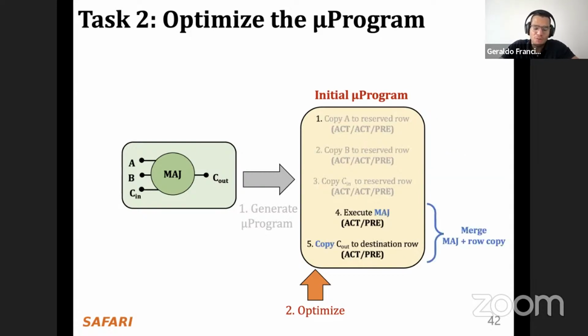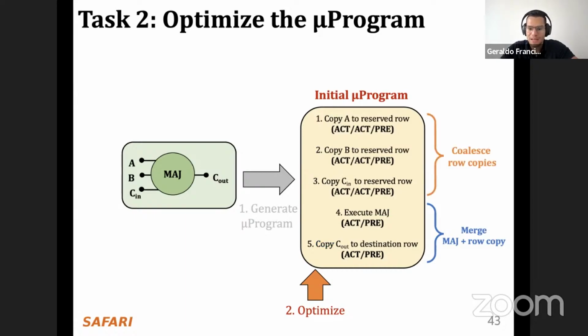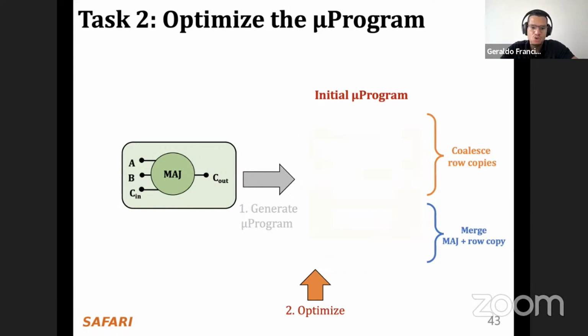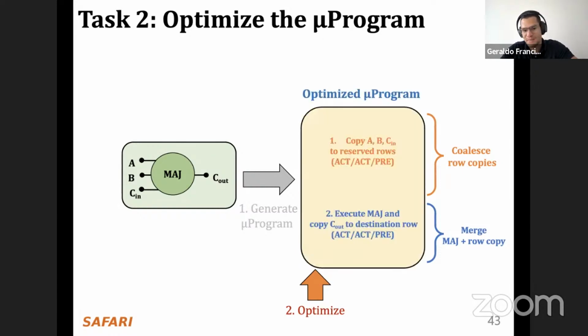The second optimization is that we can merge a majority operation following a row copy operation into a single triple row activation operation. After you apply these 2 optimizations, we have a more optimized microprogram, which has fewer activate-precharge sequences than the initial microprogram.